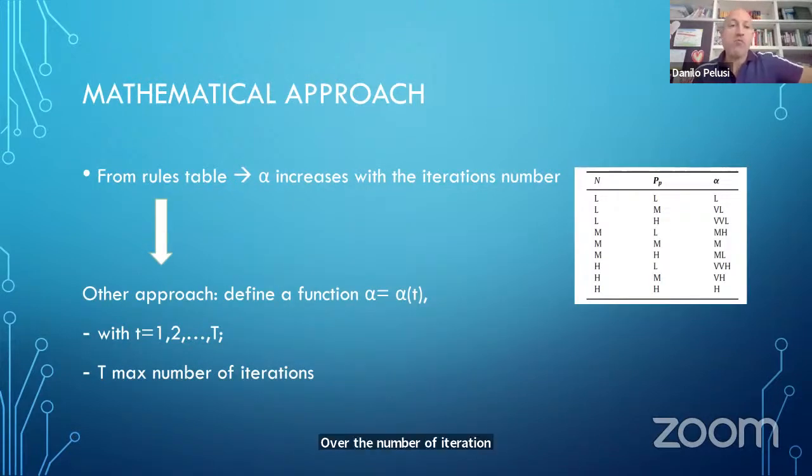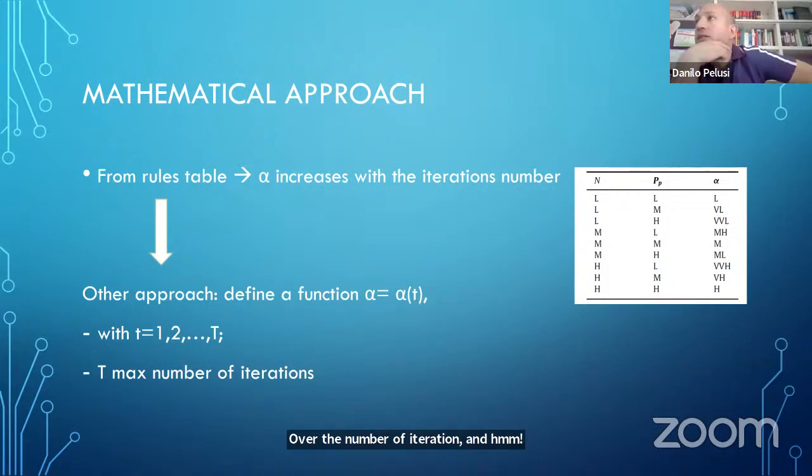And in fact, the mathematical approach is characterized by the passage from the rule table to a value of alpha defined by a mathematical formula.